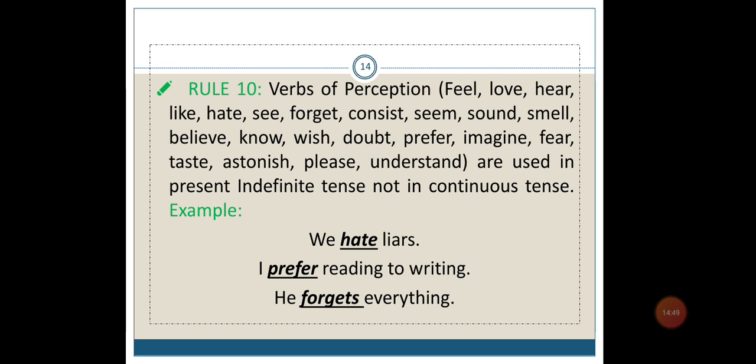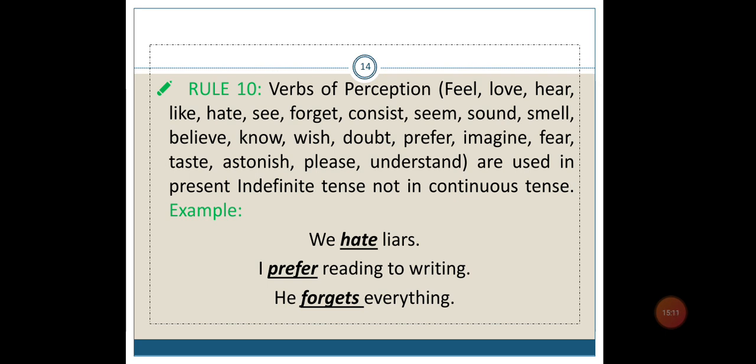A verb of perception is a verb that conveys the experience of one of the physical senses, and we always use the present form of verb in case of verbs of perception.